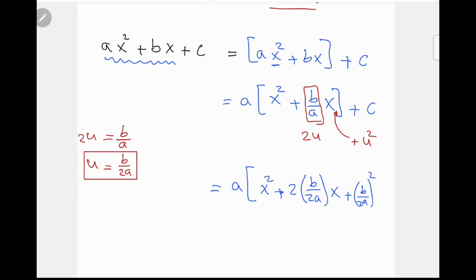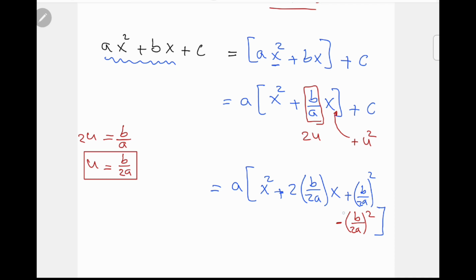But because I added a constant, in order not to change the equation, I need to subtract, so minus b over 2a squared, and then we close the bracket.